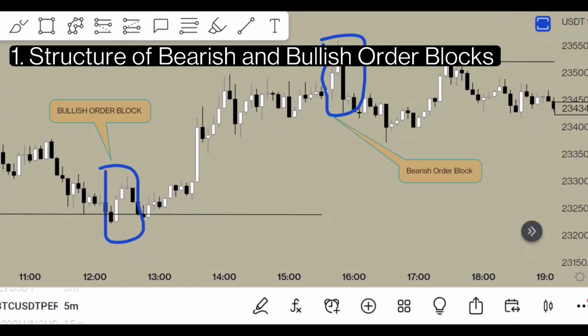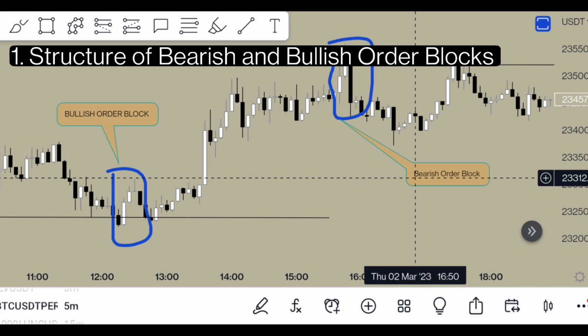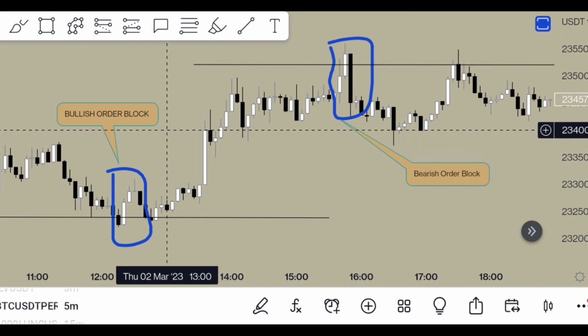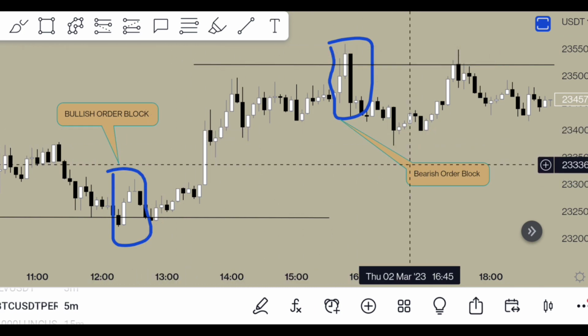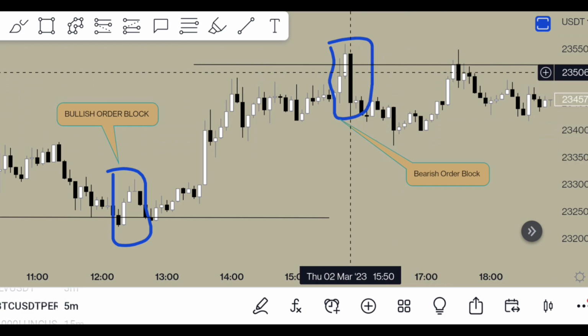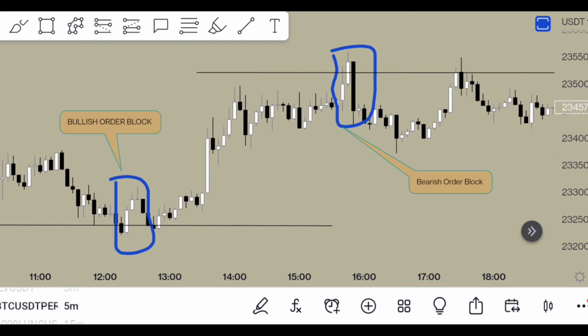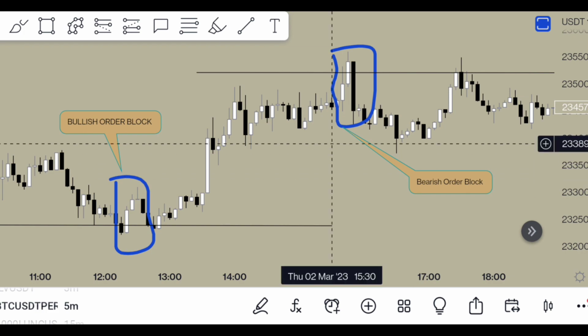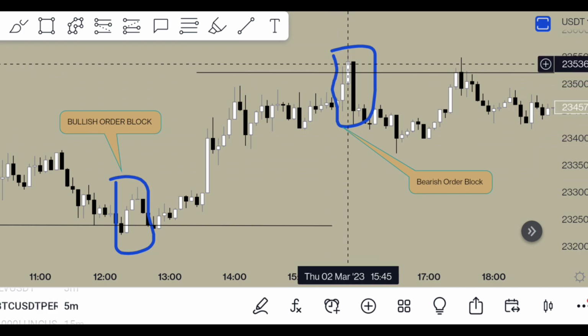Here you can see we have got two types of order blocks, bearish order block and bullish order block. First, we will discuss the structure of the bearish order block. If you are using the 5 minutes time frame, just as we are using right now, you will get a close above the resistance zone.